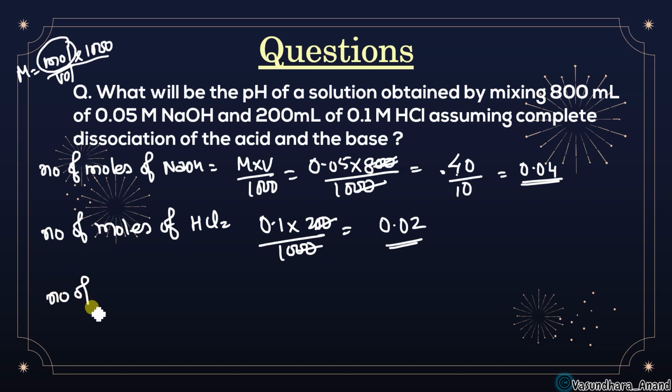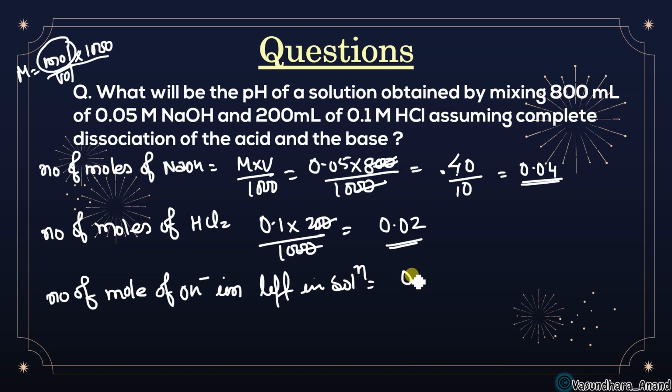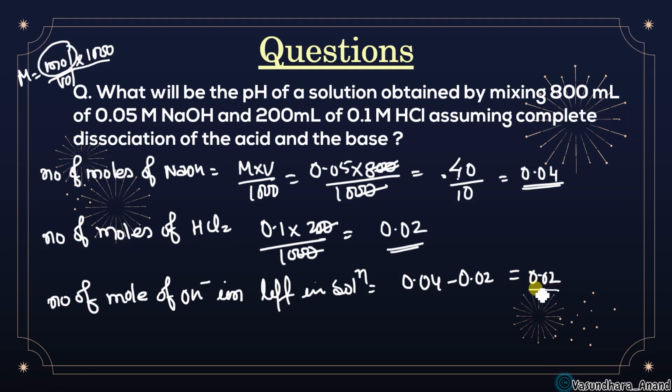Which one will be left? Obviously, the base is in more amount, so the base will be left. So the number of moles of OH minus ion left in the solution will be 0.04 minus 0.02, because this mole of HCl will be neutralized by 0.02 mole of NaOH, and 0.02 mole will be left out, isn't it? So this is the number of moles, okay, in how many liters? This is 200 ml and this is 800 ml. So that many ml we have taken.